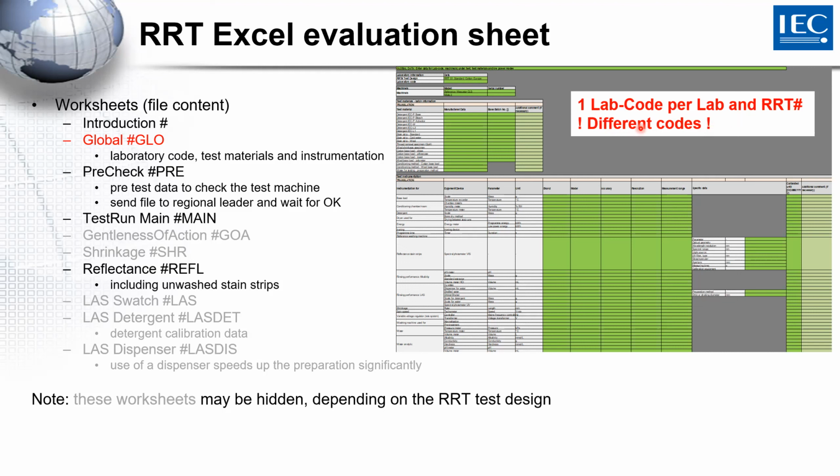That means if you are participating in 3 round robin tests, you should have got from Rainer 3 different lab codes, and you have to use them as linked to the round robin test design. So this was sent out by Rainer. You should have got it in the meanwhile.